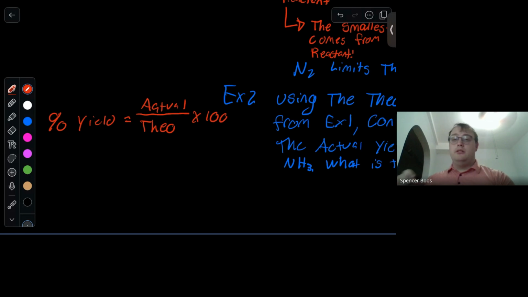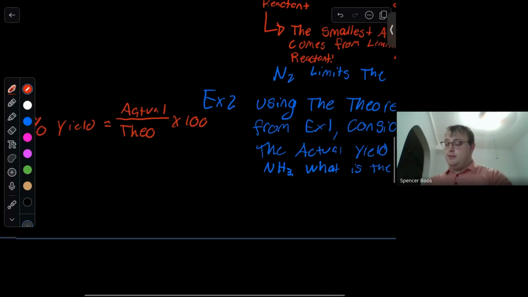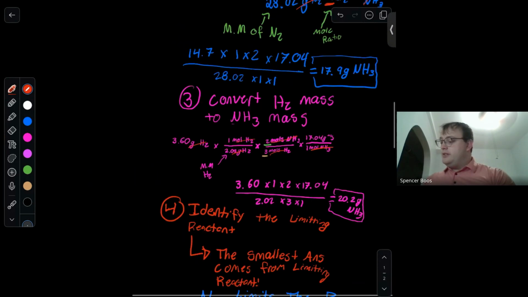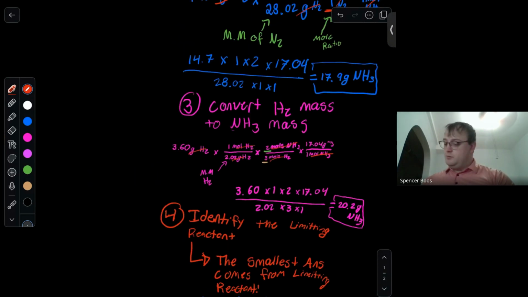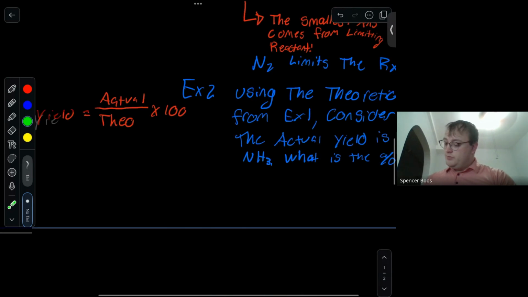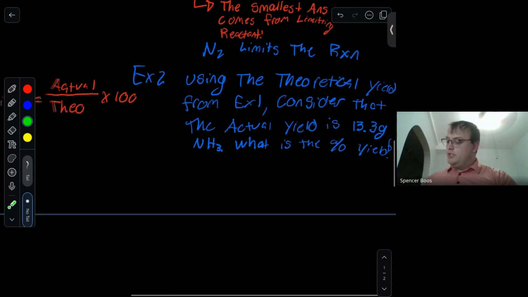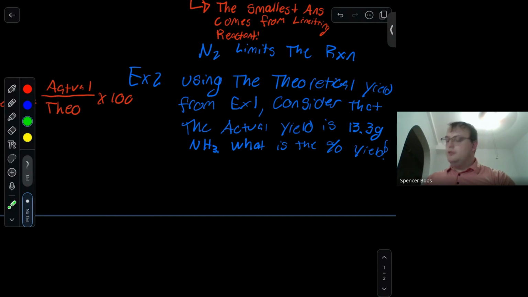So if we look back, our theoretical yield comes from the lowest answer we got. So our theoretical yield in this case is 17.9 grams of NH3. And our actual comes from the question, 13.3.